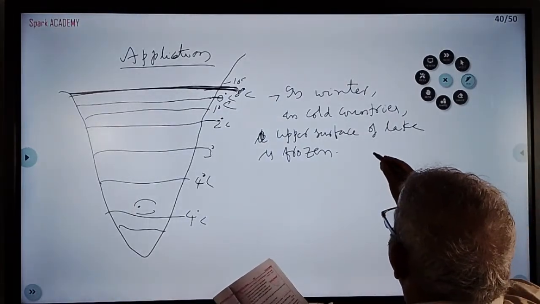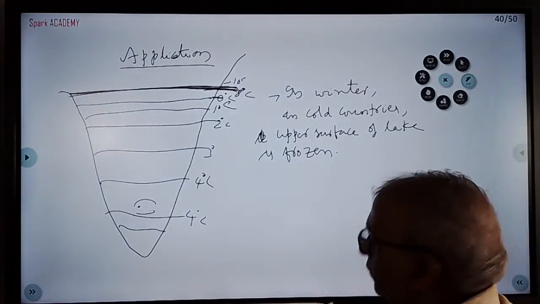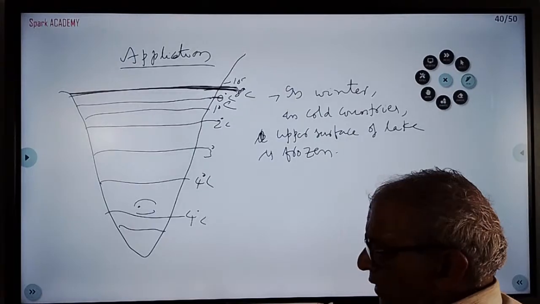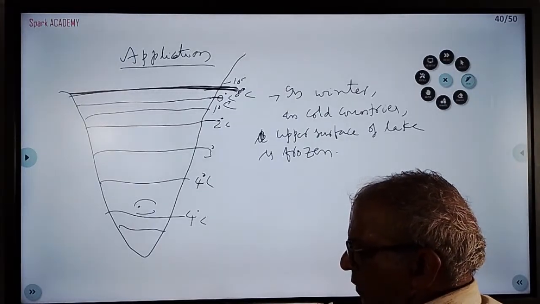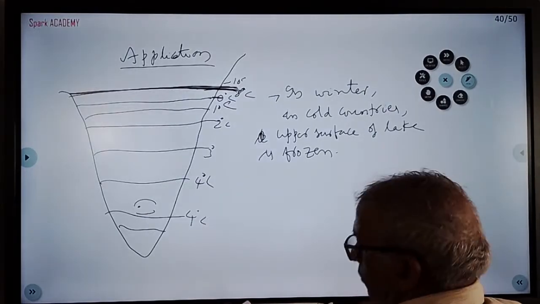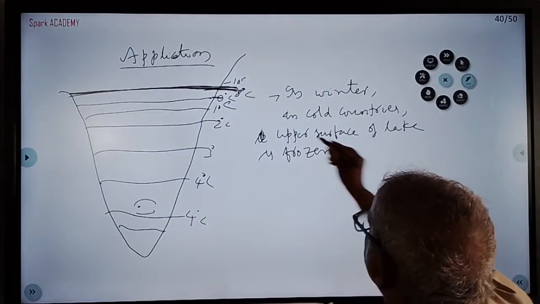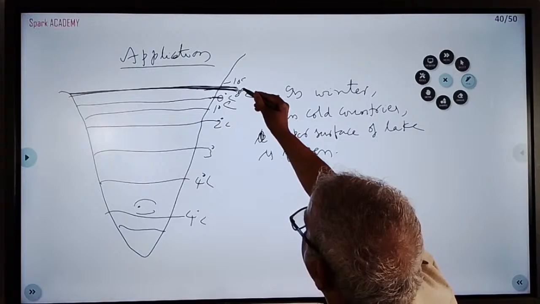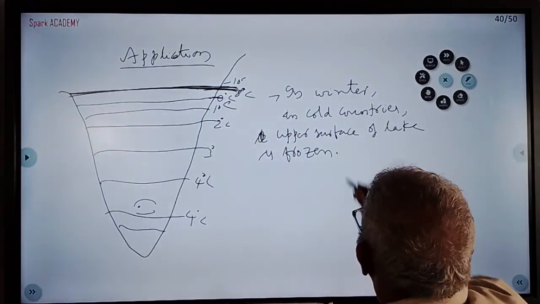So when the temperature goes below 4, what will happen? When temperature increases from 0 to 4, water contracts instead of expanding. Maximum density is at 4. During winter, the temperature of the atmosphere falls below 0 and the surface of lakes will be frozen. The lower surface of the ice is at minus 10, then 0.